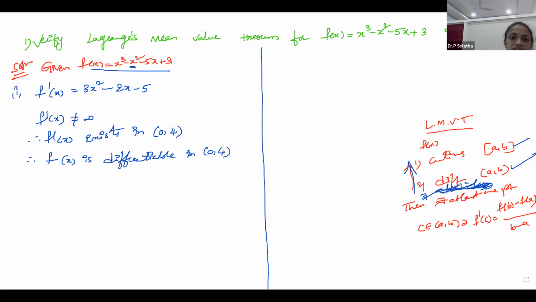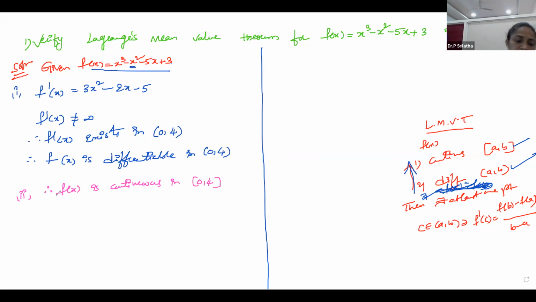What about the next condition? Anyone? Yes. So directly here I am writing f of x is continuous in the closed interval 0 comma 4.